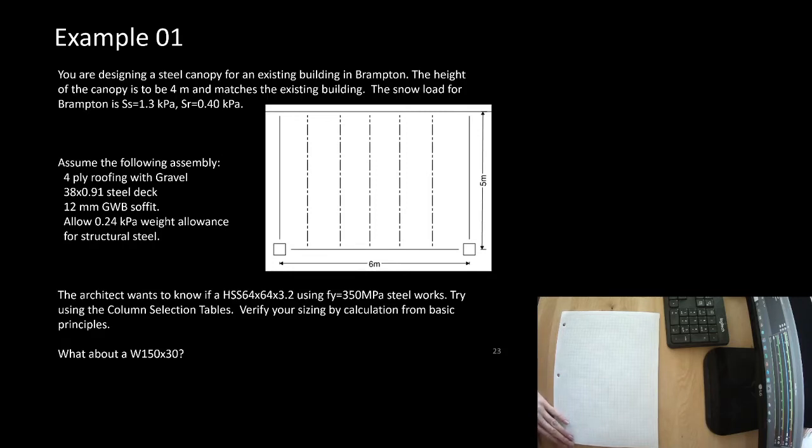The snow load requirements for Brampton is SS equals 1.3 kPa and SR equals 0.4 kPa. They've said that the roofing assembly for this canopy is going to be 4-ply roofing with gravel, 38.9091 steel deck, 12 millimeters of gypsum wallboard soffit, and they've told us to allow 0.24 kPa weight allowance for structural steel.